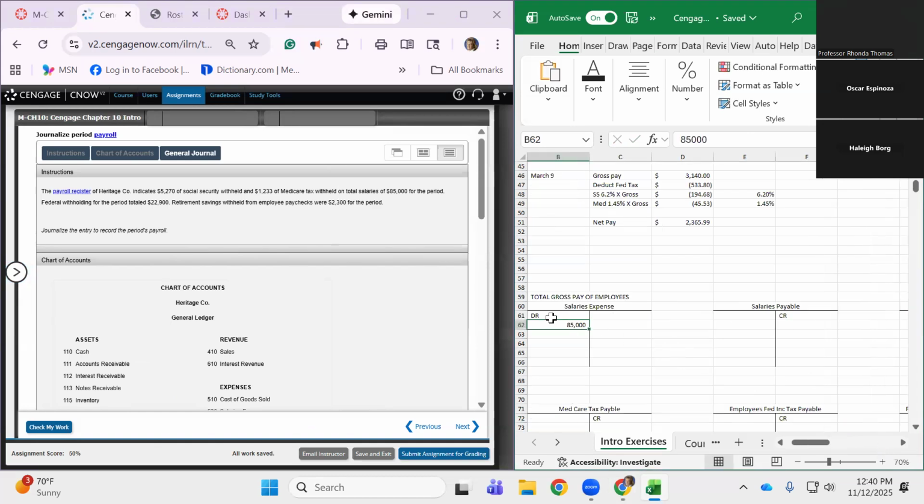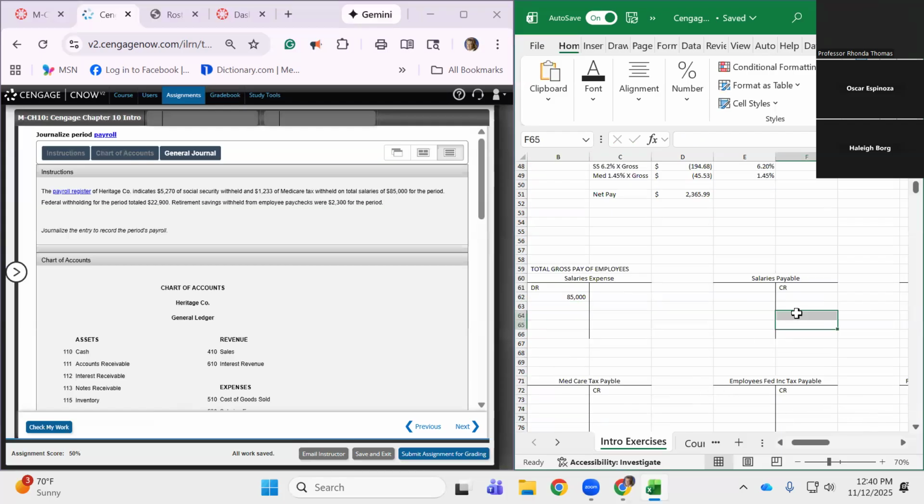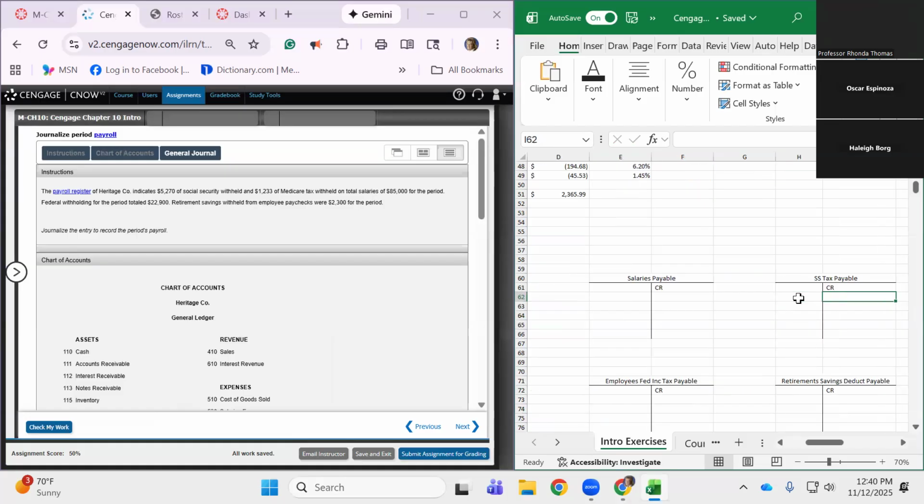So once again, total payroll is 85,000. Here's how you do it. You put a credit in whatever they tell you is the Social Security, or you take 6.2% of the gross, which is 6.2% of the 85,000, but they are telling you what they are withholding.